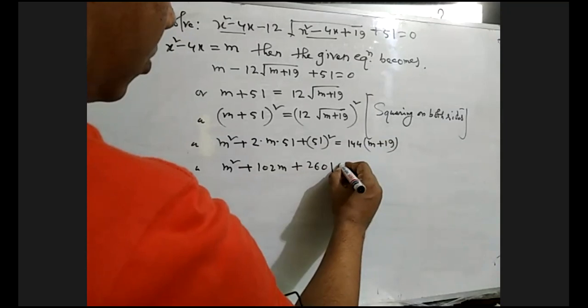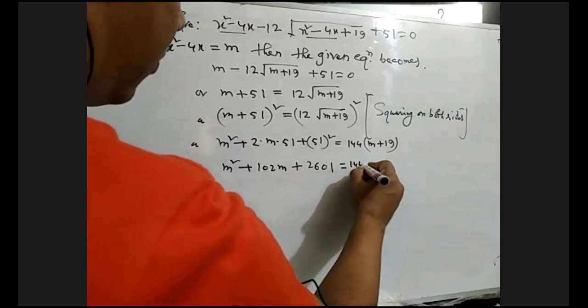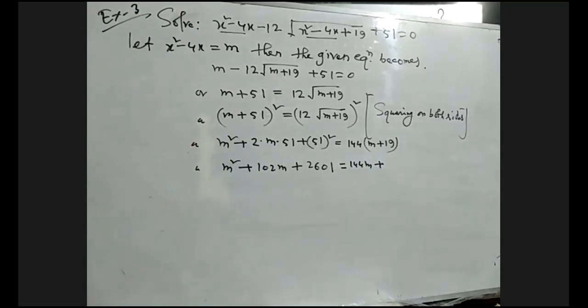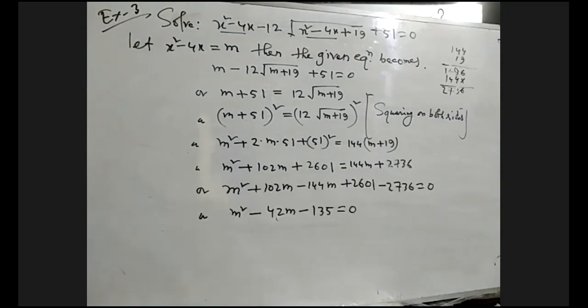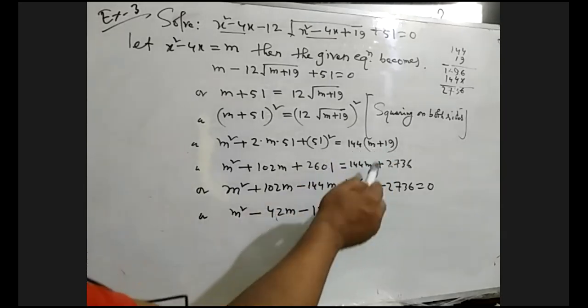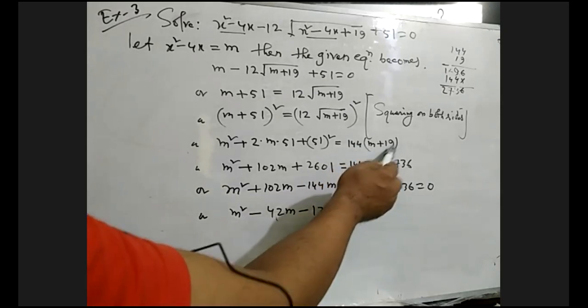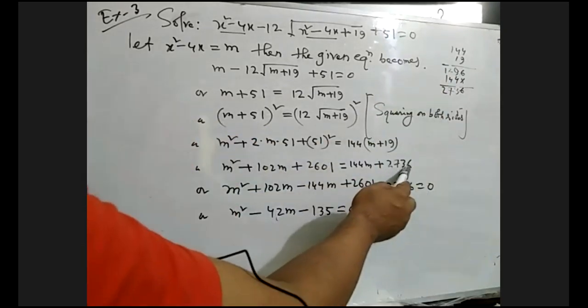Okay, this equals 144 times m plus 19. Just multiplying 144 with this, we get 144m, and 144 multiplied by 19, we get 2736.